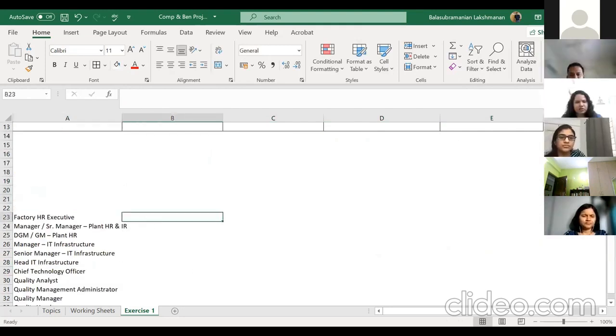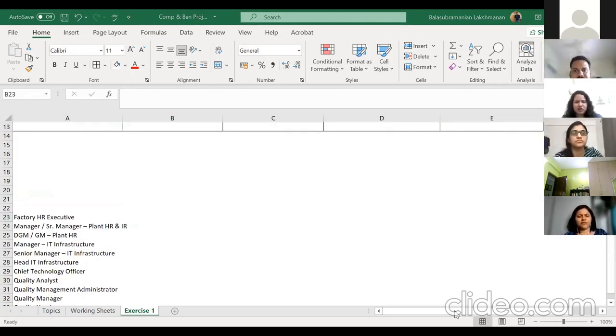HR jobs. Yes. So for factory HR executive, my observation is that across all the HR roles, they didn't mention any MBA for certification or qualification. MBA is not mentioned across all the 3 requirements.